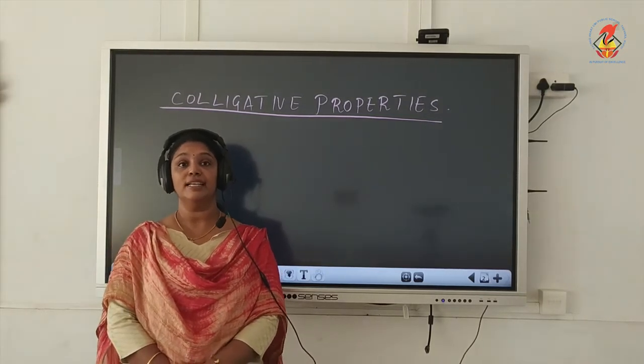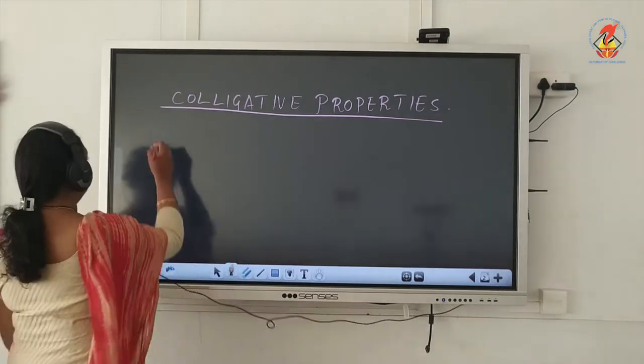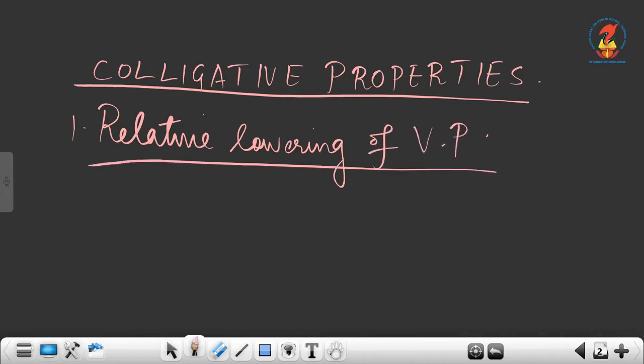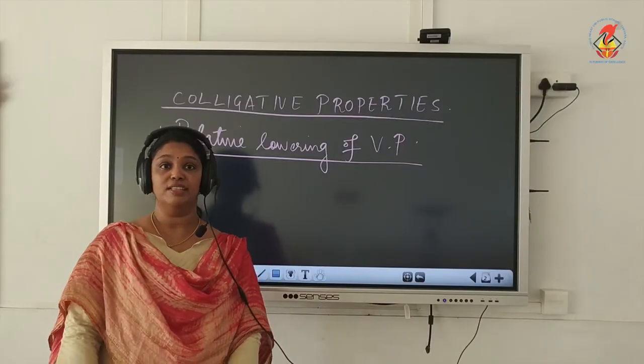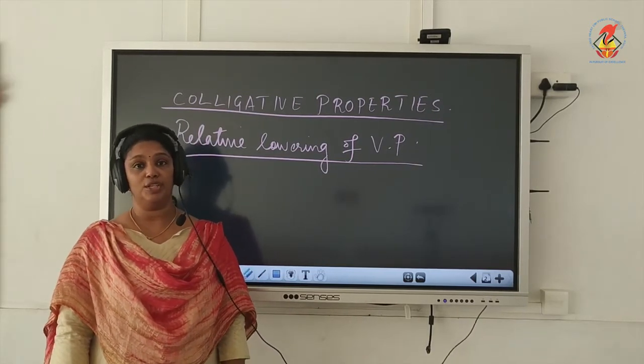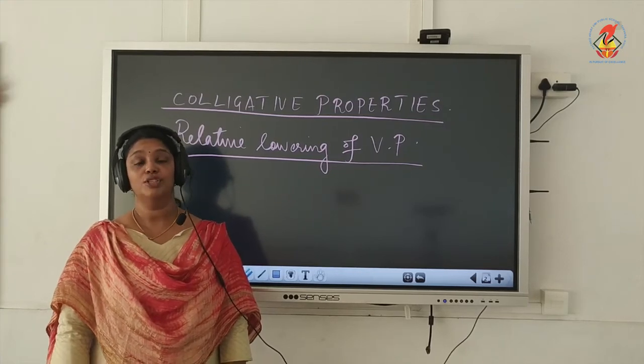The first one is relative lowering of vapor pressure of solvent. Now, here there are two questions. The first question is, show that the relative lowering of vapor pressure of a solvent is equal to the mole fraction of solute.